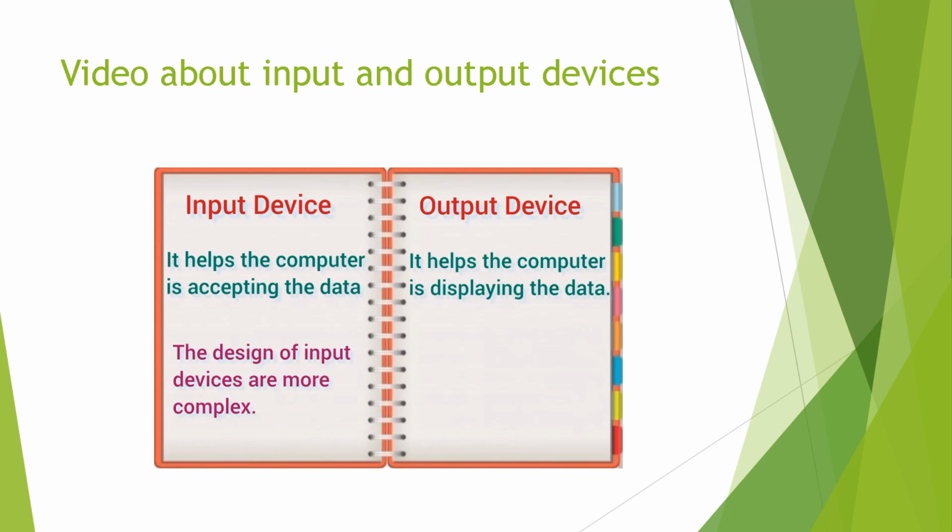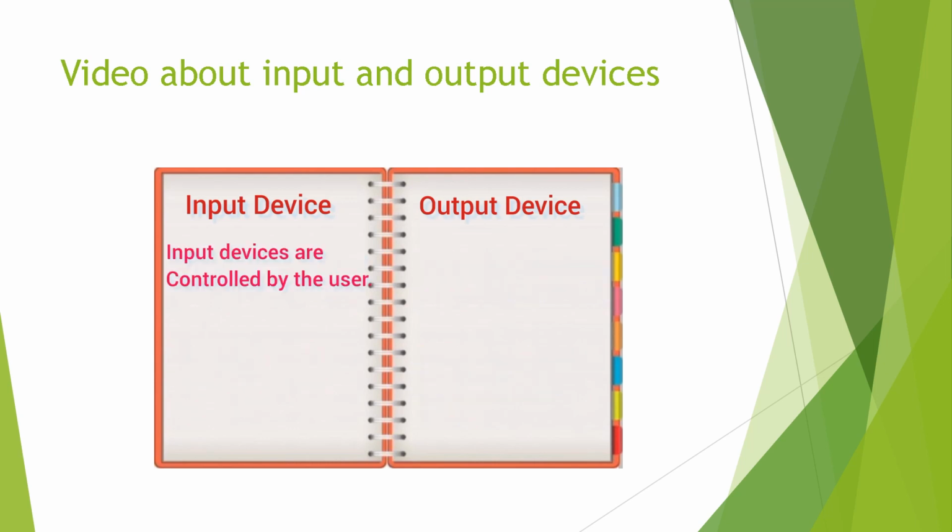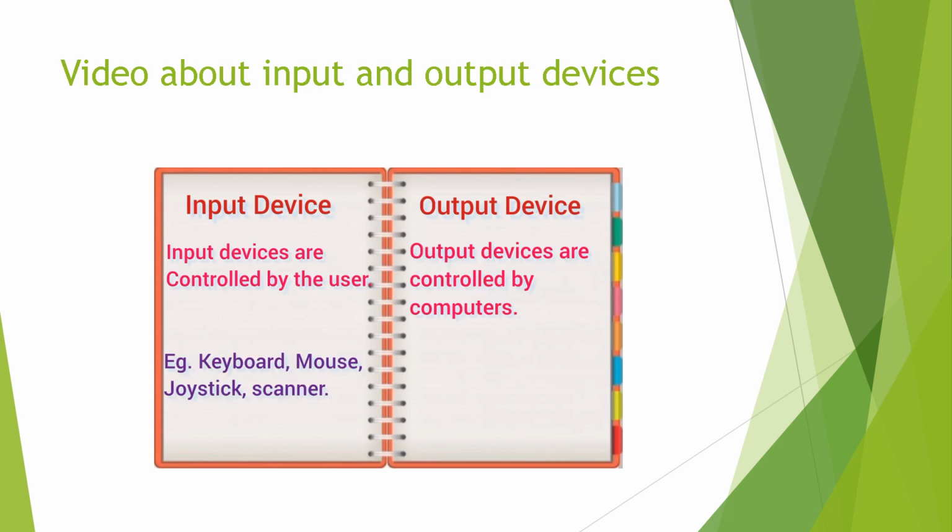The design of input devices is more complex. The design of output devices is less complex. Input devices are controlled by the user. Output devices are controlled by the computer. Examples of input devices: keyboard, mouse, joystick, scanner.